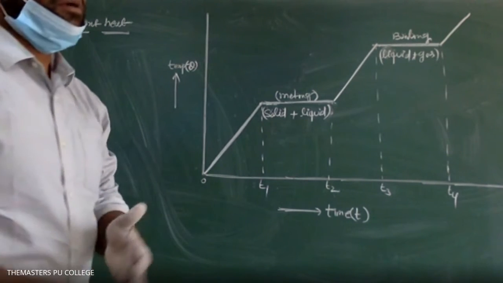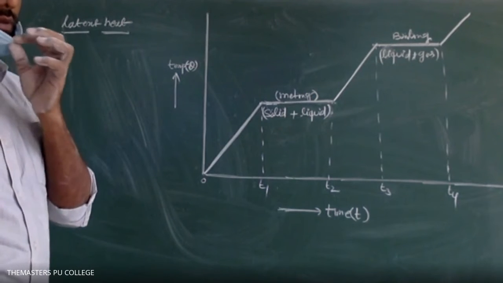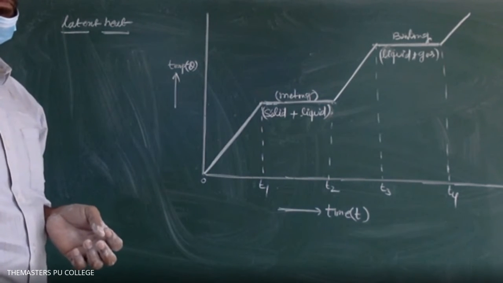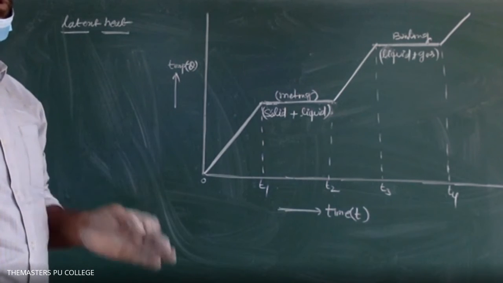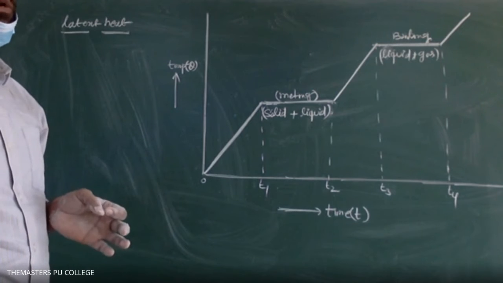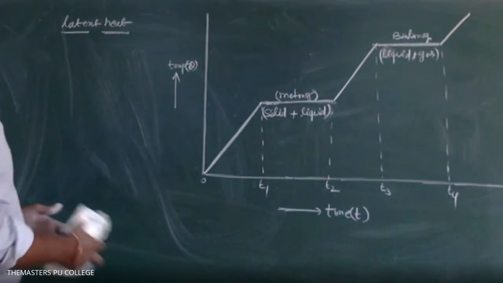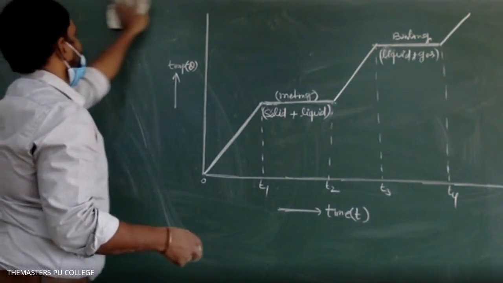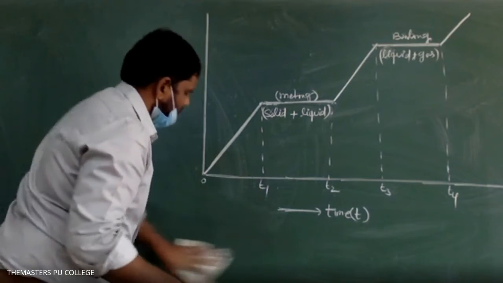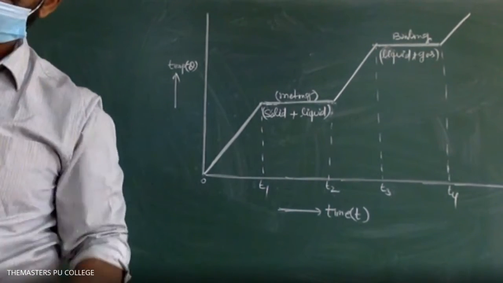The amount of heat required for unit mass of substance to change its state from one to another at a constant temperature is known as latent heat.